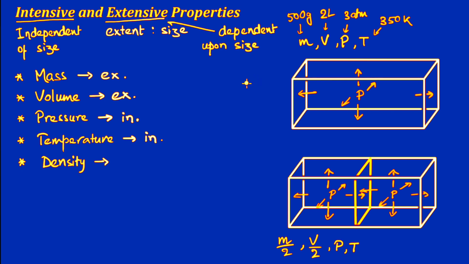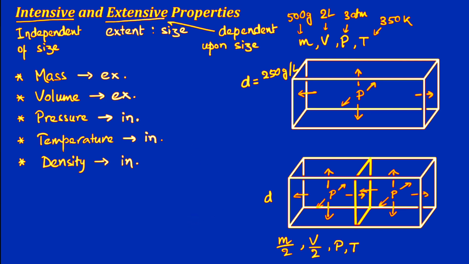So here the density D is equal to 250 grams per liter. So density will remain the same in sample number 2. Here we can say that the density is also an intensive property which doesn't change with the change in the amount. So density here is an intensive property.